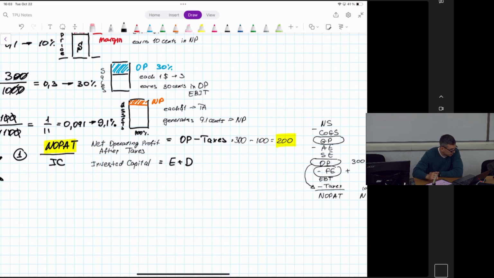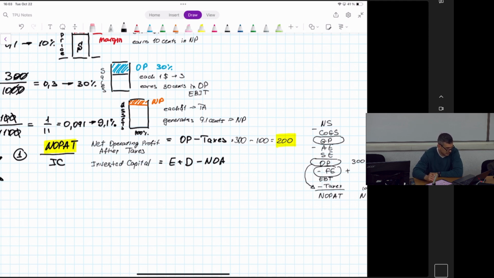Except for one thing. We should subtract from equity and debt, this is another trick, net operating assets. This is a new idea for you.